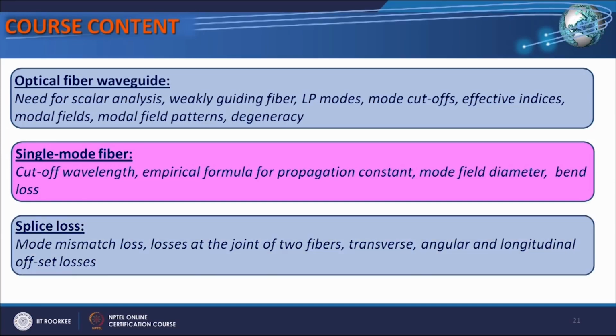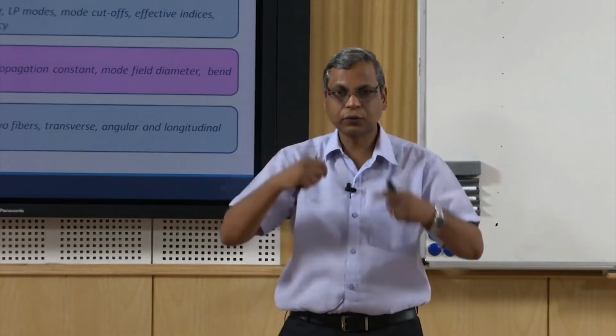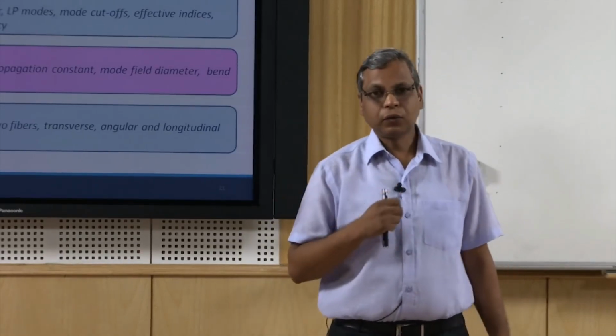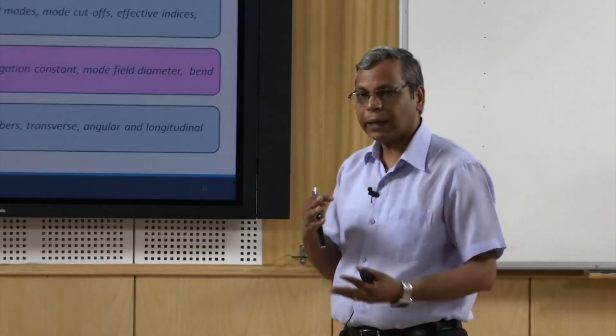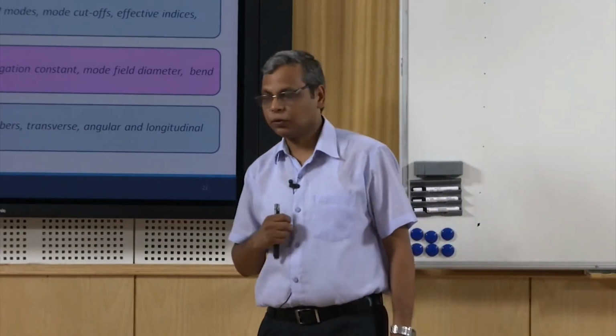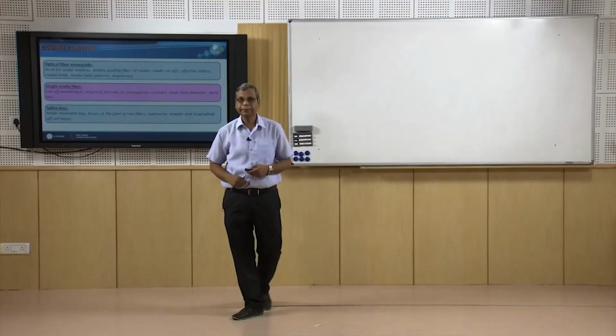Then since this fiber is used over hundreds, thousands of kilometers, so it is natural that we will have to join two fibers together at some point. When we join two fibers together, then what happens at the joint? What are the kind of losses at the joint? They are called splice loss. So, we will study about them.